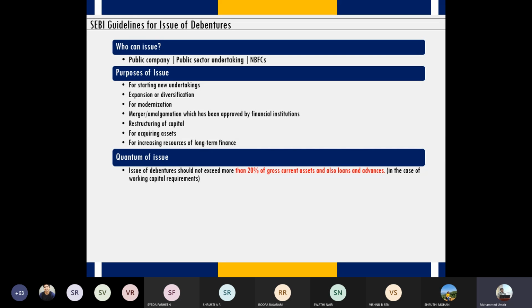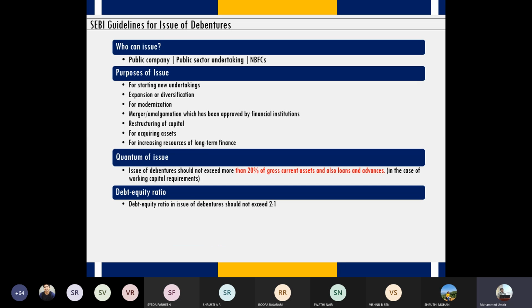And this criteria gets applied in case you want money only for working capital requirements. So if you want debentures as a long-term source of funding, then this criteria does not get applied. But in case you want to issue debentures to meet your working capital requirements, then only we apply this criteria. Otherwise, this criteria is not applicable, right?